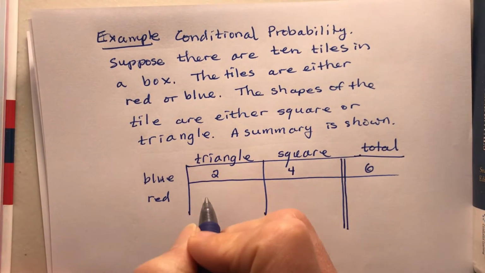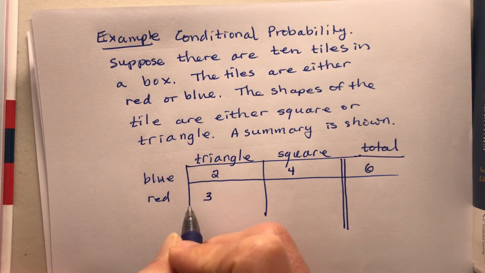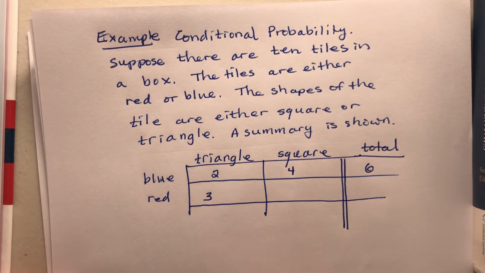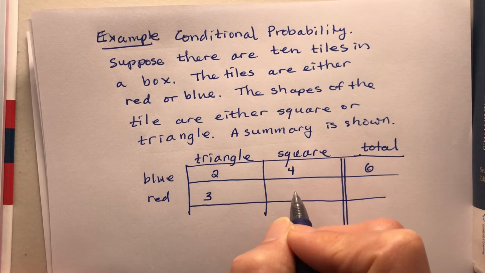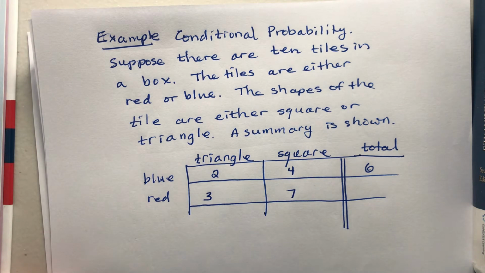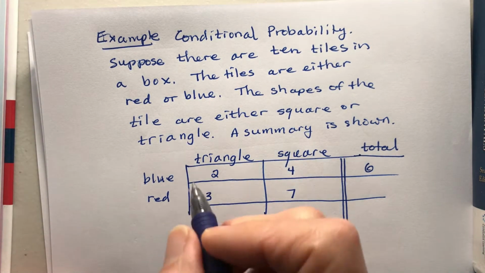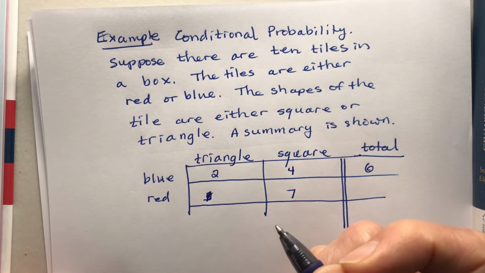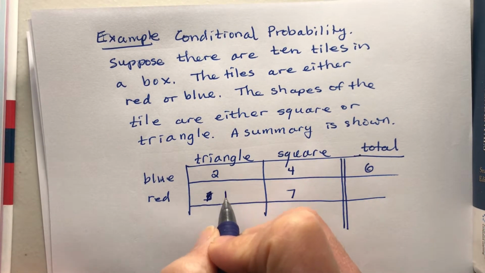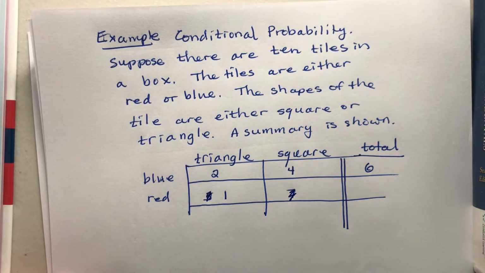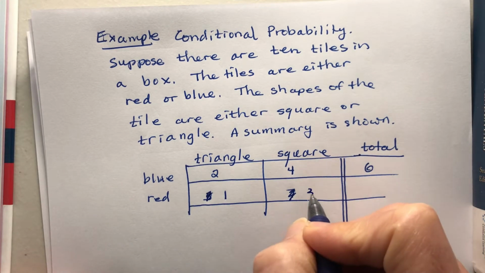Sorry, I did that wrong. There's 1 red that's triangle shaped, and there's 3 reds that are square shaped.